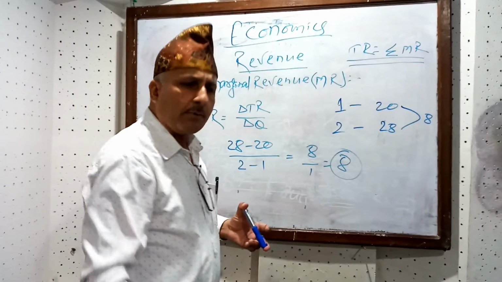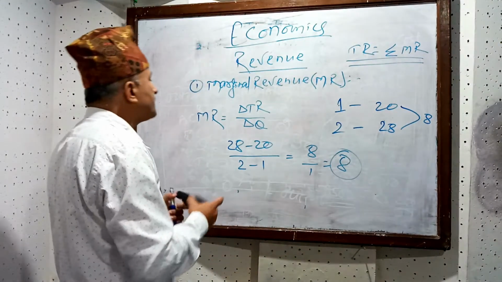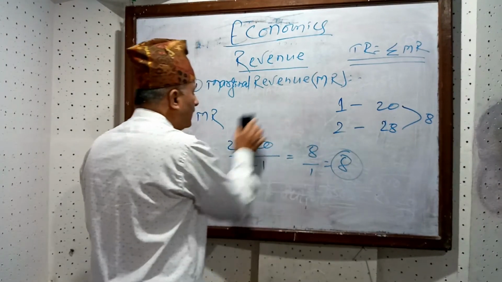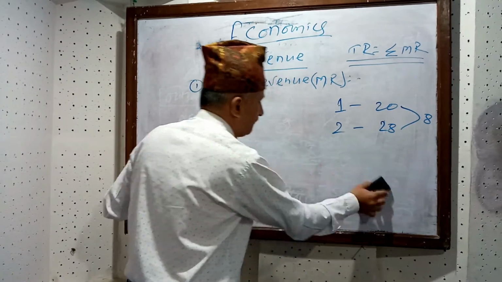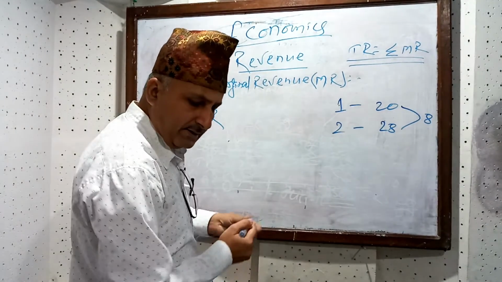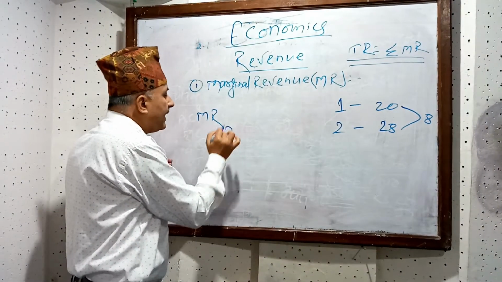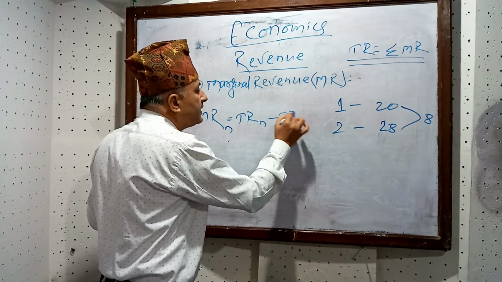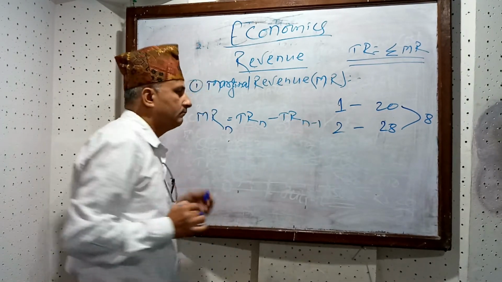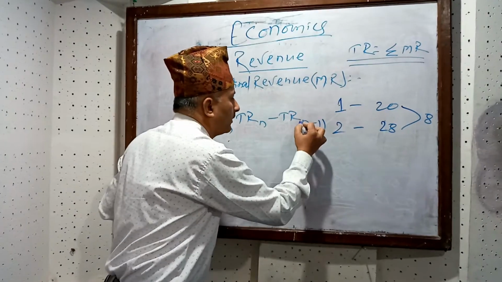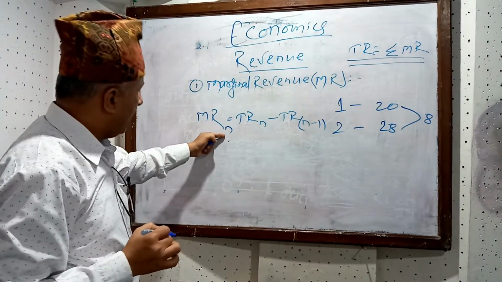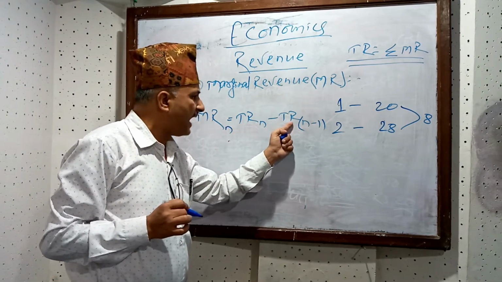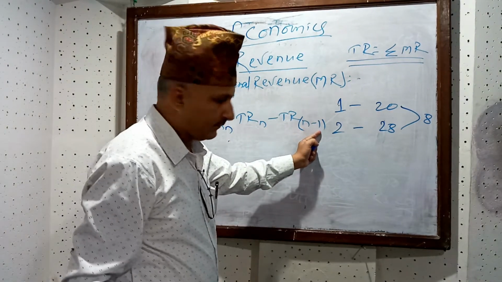And we have got another formula also for the calculation of marginal revenue. The formula is MRn is equal to TRn minus TRn-1.